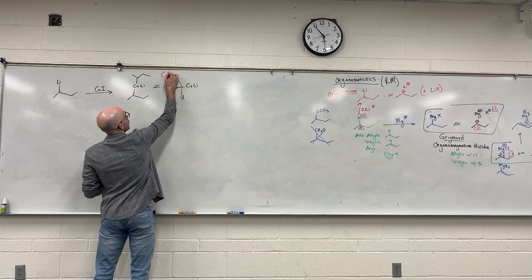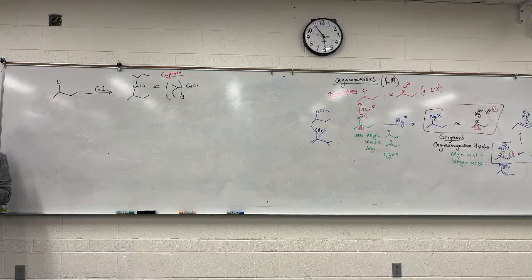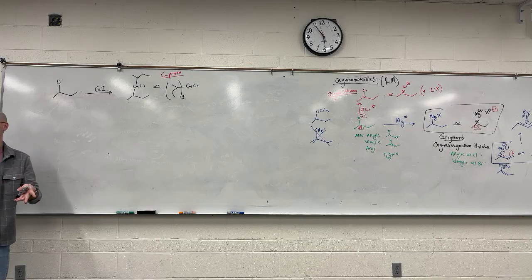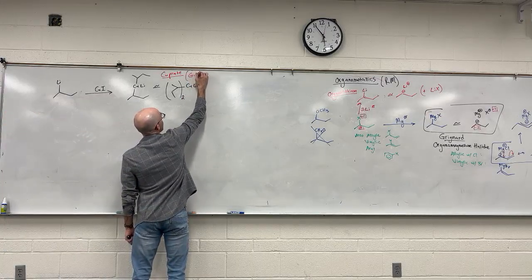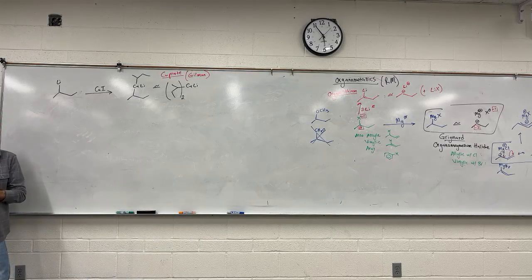This is called a cuprate, or maybe better called a diorganocuprate. Or because it's balanced by lithium, it might be best to call it a lithium diorganocuprate. But it's also called Gilman, after a dead man. So the Gilman reagent, the cuprate, has copper 1 bonded to 2 organo groups.